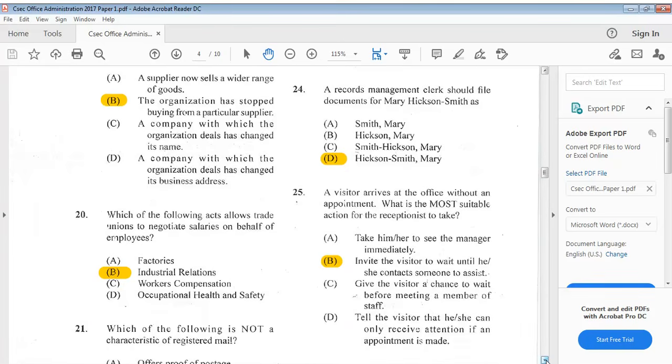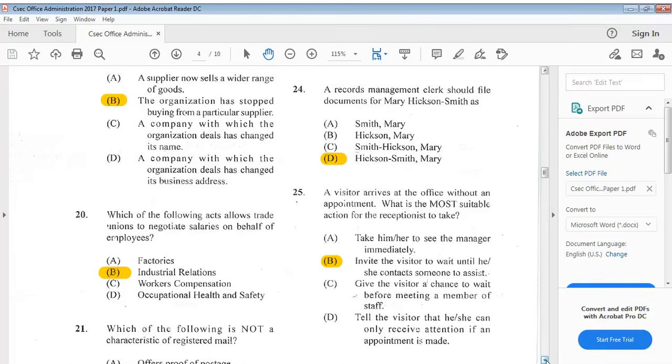A visitor arrives at the office without an appointment. What is the most suitable action for the receptionist to take? A. Take him or her to see the manager immediately. B. Invite the visitor to wait until he or she contacts someone to assist. Or C. Give the visitor a chance to wait before meeting a member of staff.